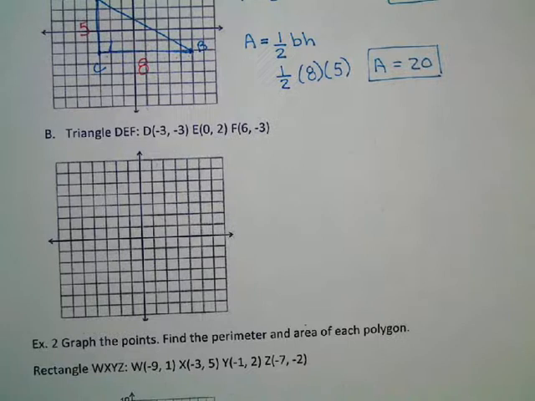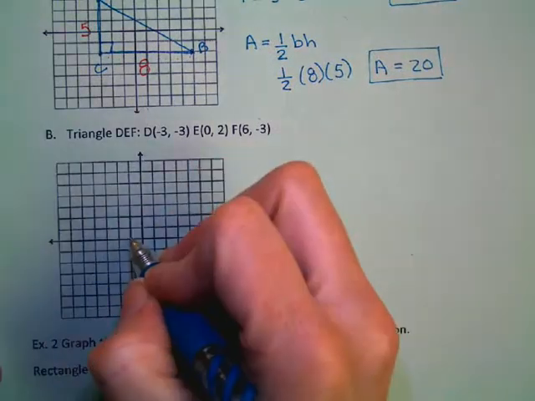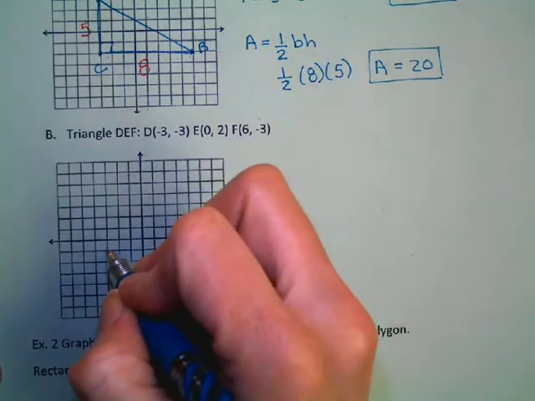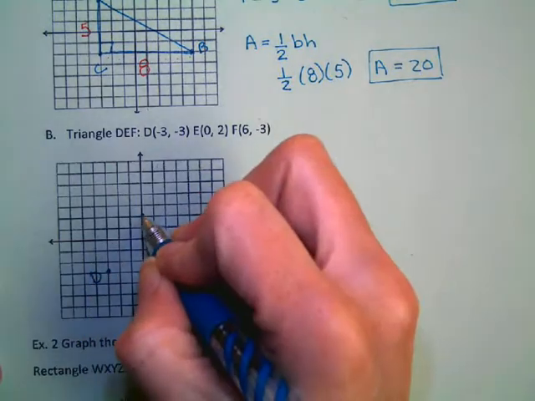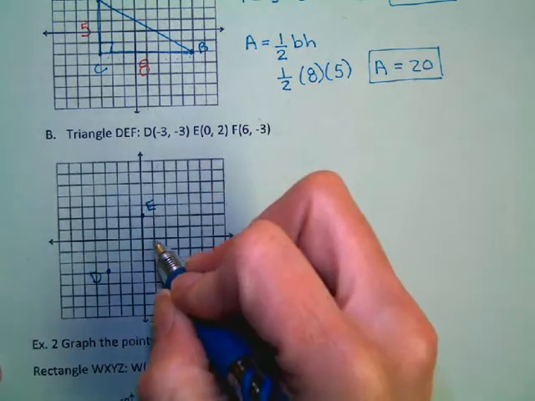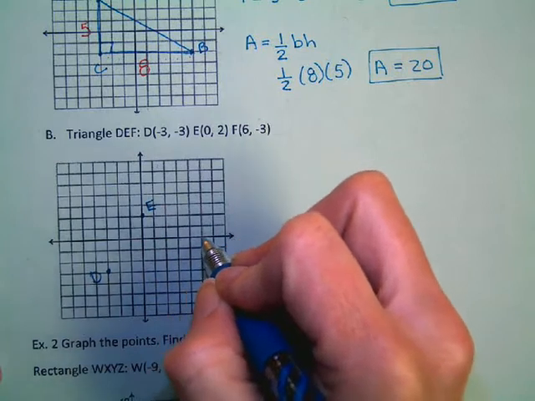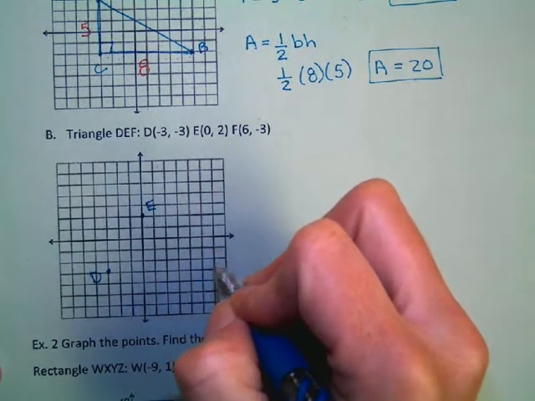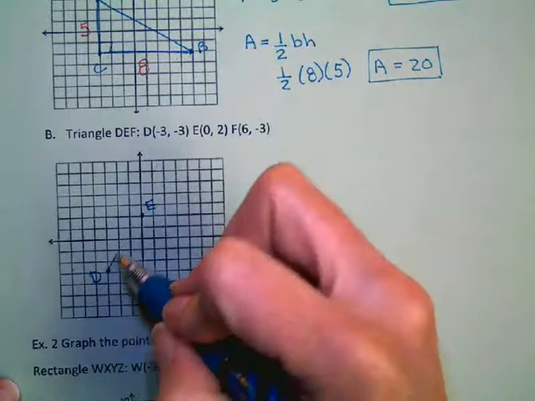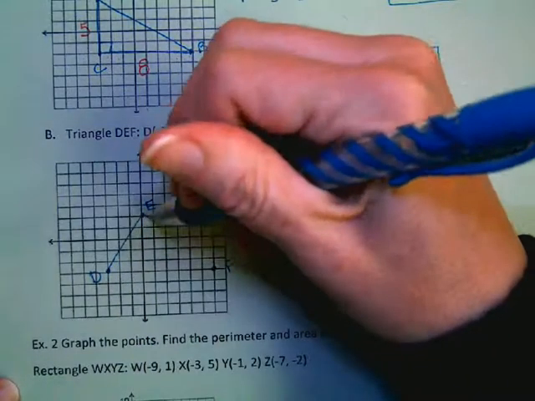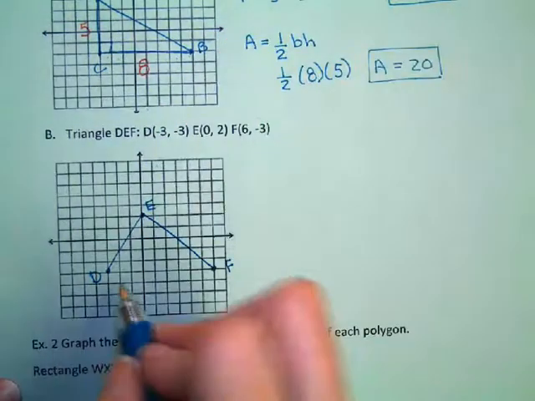The next question has us do a triangle again. This time we'll graph our points. D is -3, -3, E is 0, 2, and F is 6, -3. When I draw these lines to make this triangle, it does not come out to a right triangle.